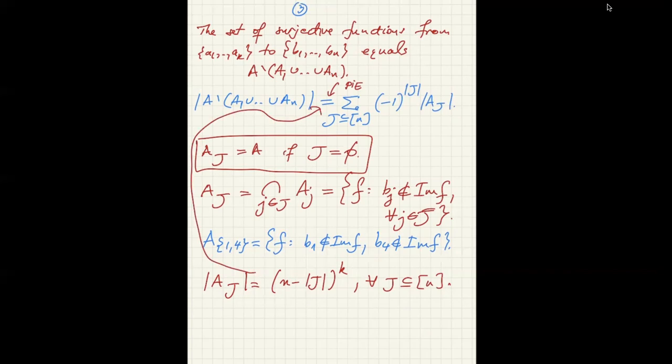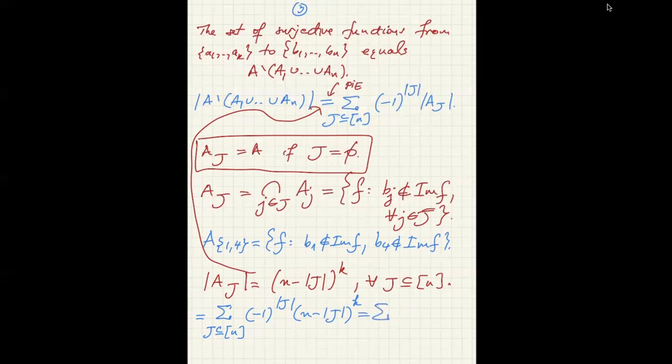And what do we get? We are going to get a summation over all J subsets of n of -1 to the cardinality of J. Now this A subscript J, you can replace it by n minus cardinality of J to the power k. And we can simplify this formula if we split the J's according to their cardinalities.